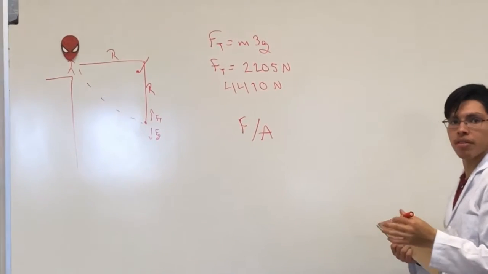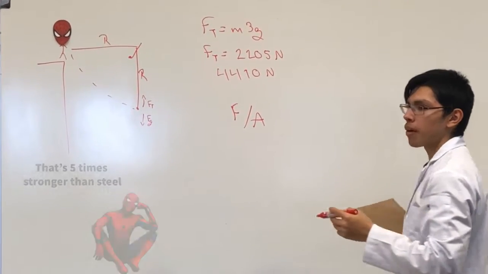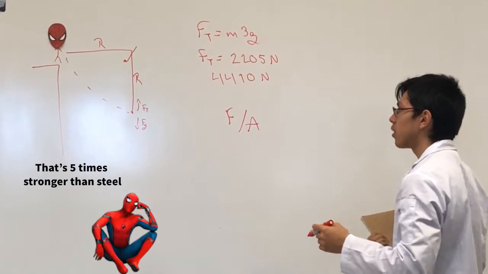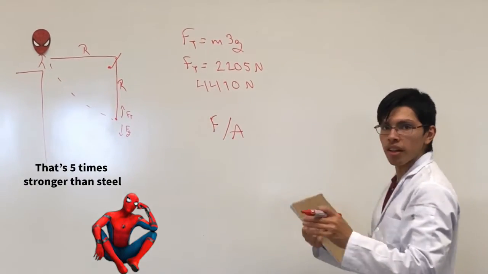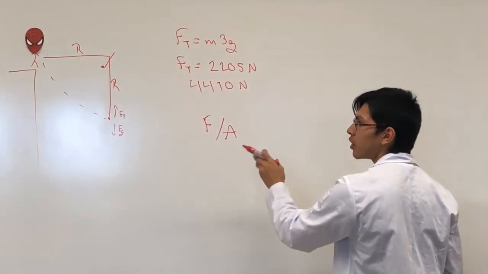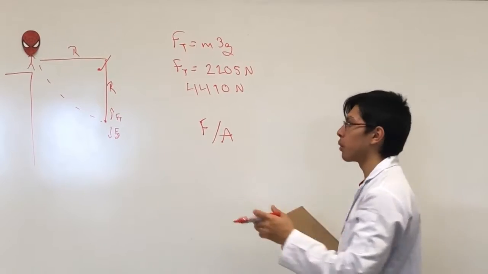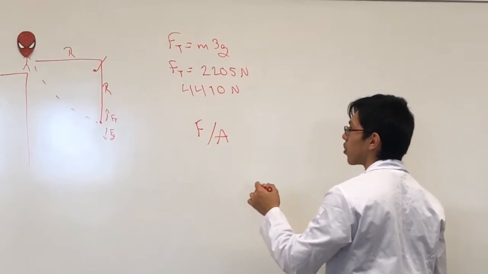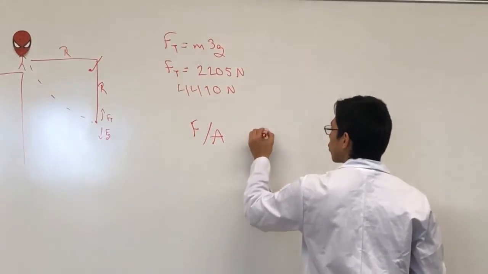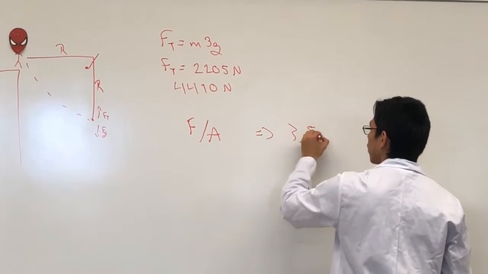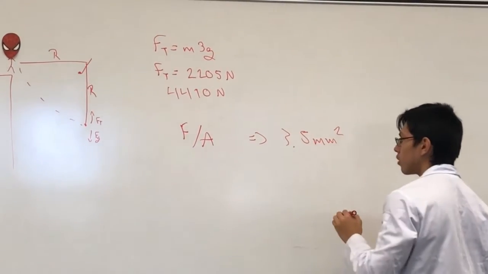Now, web shooters have a tensile strength of around 1300 megapascals, and by isolating that, we can find the minimum unit area needed for the web shooters to support that 4,410 newtons, which is going to be around 3.5 millimeters squared.